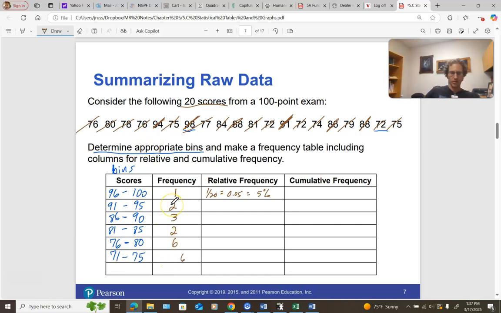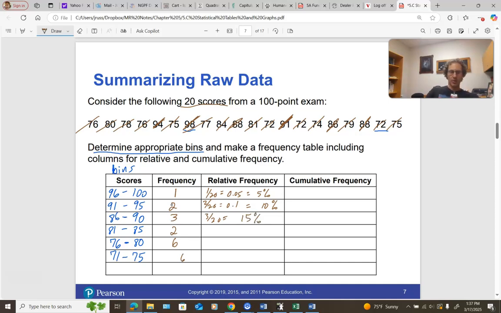This one would be 2 out of 20. 2 out of 20 is the same as 0.10, which would be equal to 10%. Okay. And then 3 out of 20, I'm just going to skip the decimal and go straight to 15%. It would be 0.15.